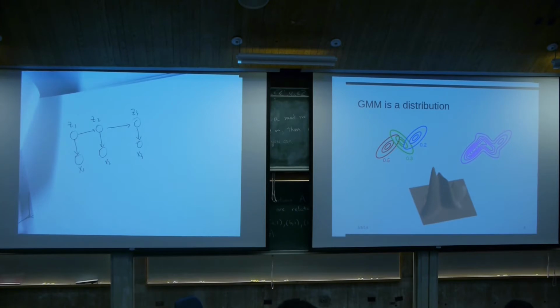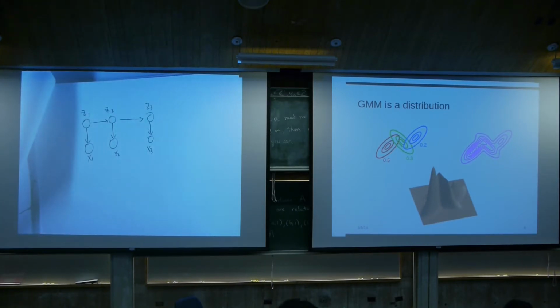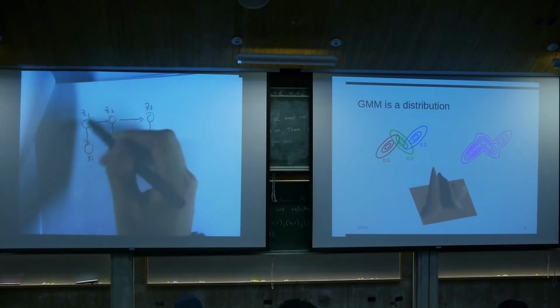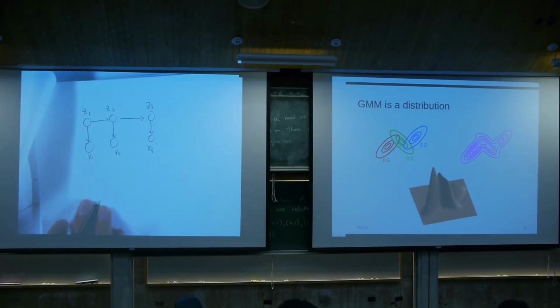Suppose this is a hidden Markov model used for speech recognition, and suppose these latent variables denote the phonemes. Each phoneme can correspond to features, but these features can exhibit clustering characteristics.